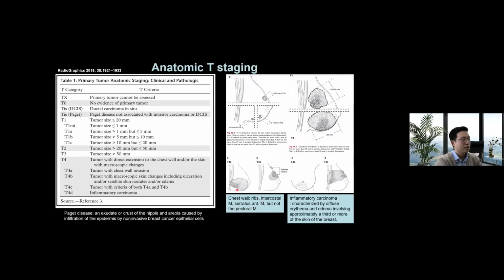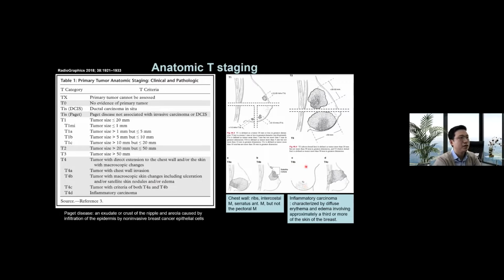So pectoral muscle is not included in the chest wall, even though the breast cancer is involving pectoral muscle, it is not T4.